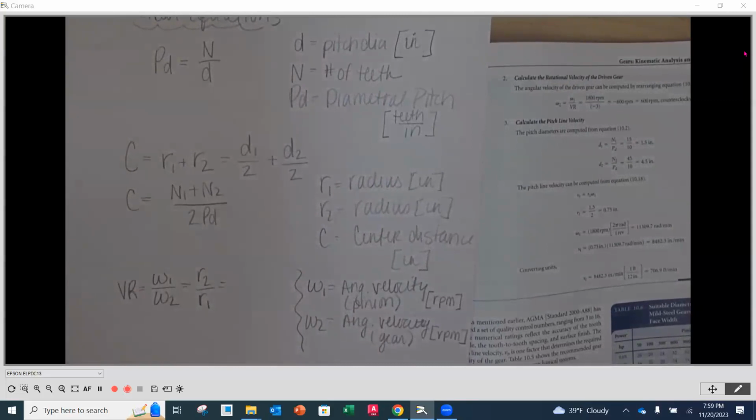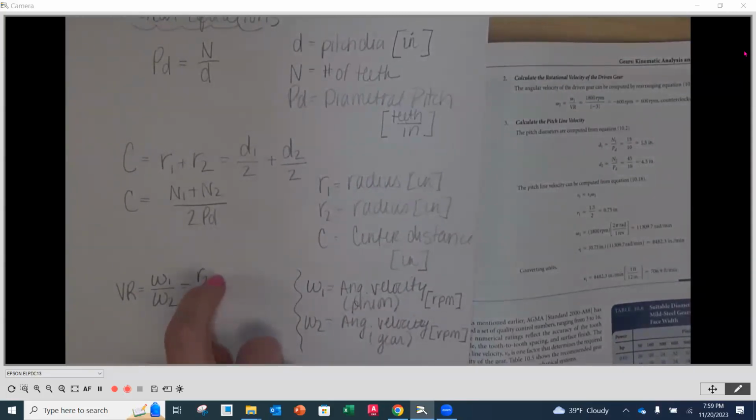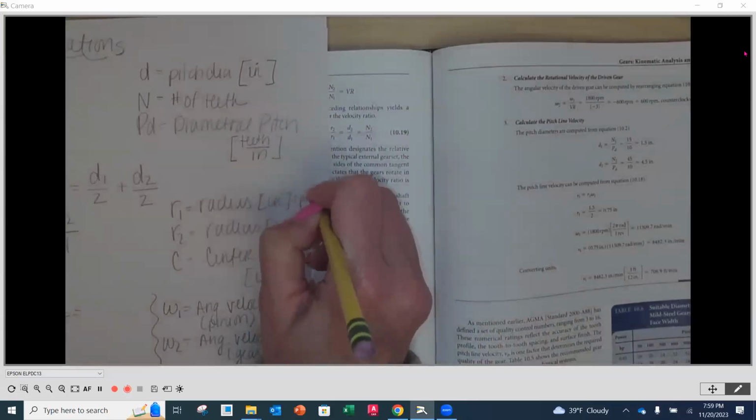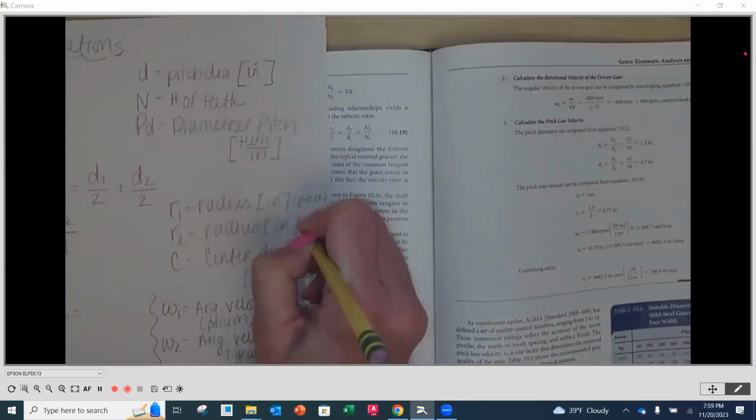But now when I look at physical size, the radius of the gear has to go on top, divided by the radius of the pinion underneath. Okay, so R1, radius 1 is going to be pinion, and R2 is going to be gear.